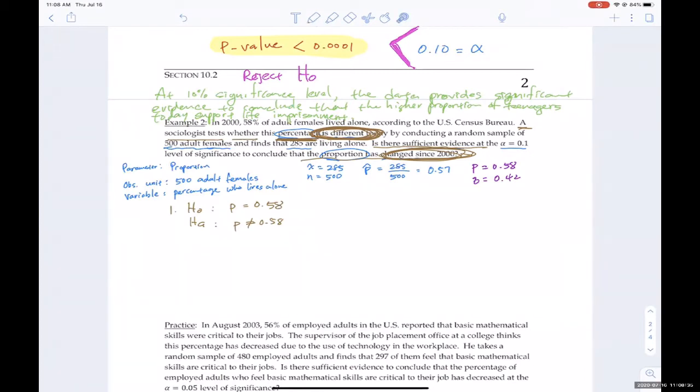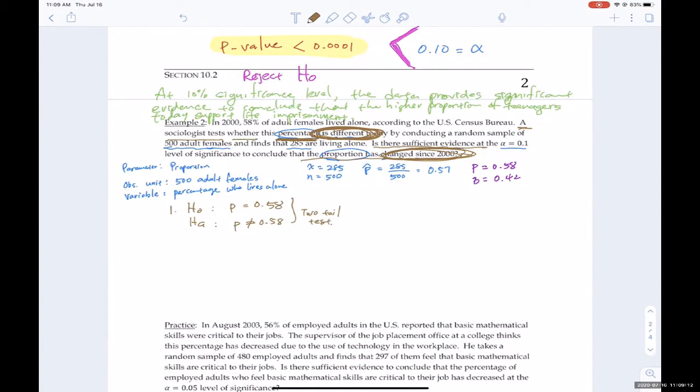Because right now it's 2020. Has it changed? This is from 2000. So far so good? So this is considered to be a two-tailed test, but we're not actually going to be focusing on that too much.